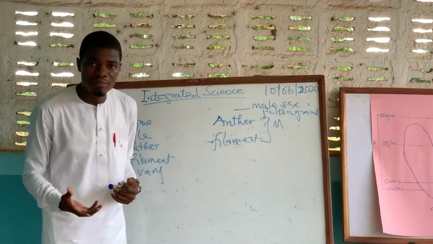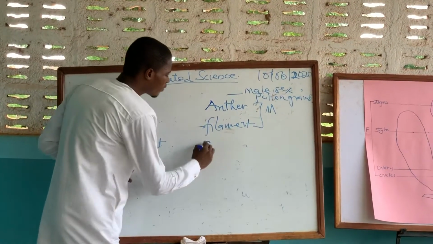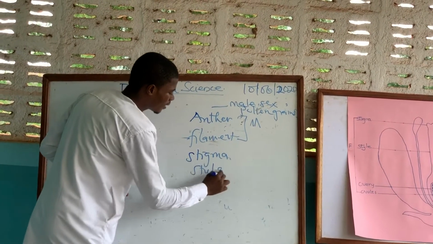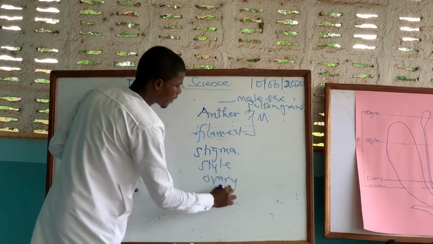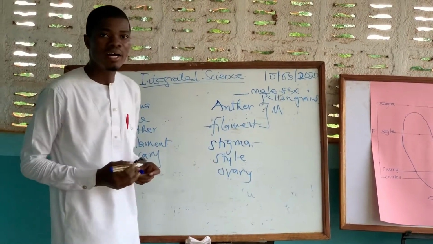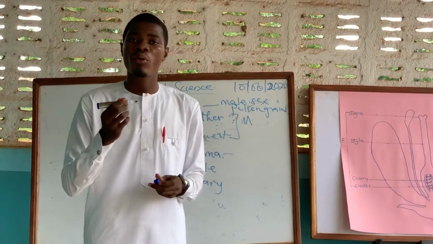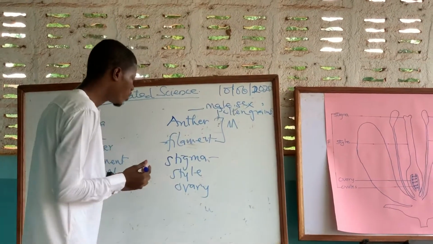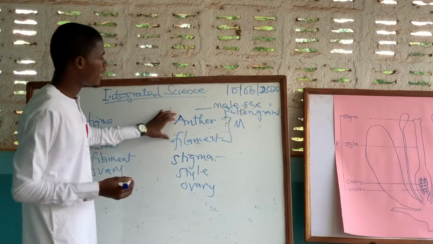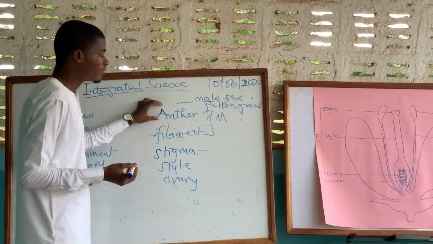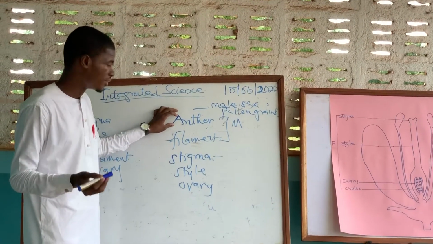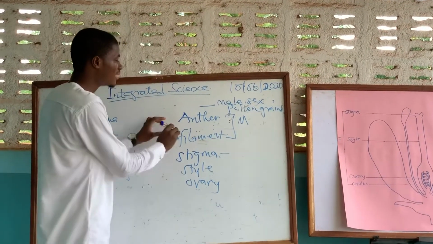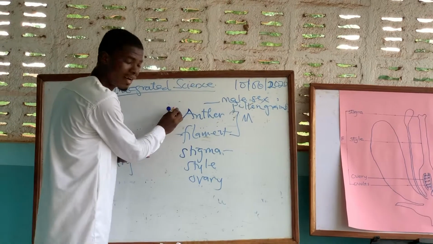We also have the female part consisting of the stigma, the style, and then the ovary. The function of the stigma is to receive the pollen grains produced by the anther. You will recall that I said that the male part of the flower consists of the anther, which produces the pollen grains. So the function of the stigma is to receive these pollen grains that are produced by this anther.